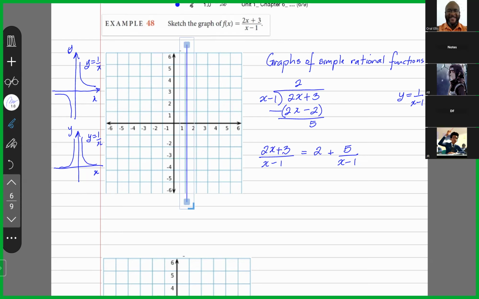I'm moving the graph 1 unit to the right because my starting point was y is equal to 1 over x. So the graph of 1 over x minus 1 means I've just moved the graph of y is equal to 1 over x 1 unit to the what? Right. If I move the graph 1 unit to the right, I've moved the vertical asymptote from the y-axis to the line x is equal to 1. So this is x is equal to 1.